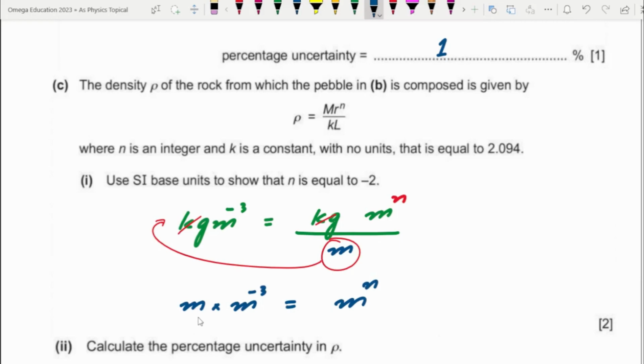So what do we get on the left side? We get m raised to the power 1 minus 3, so m raised to the power negative 2 equals m raised to the power n. So the bases are the same, then we can equate the exponents as well, so the value of n appears to be -2, and we have to show this.